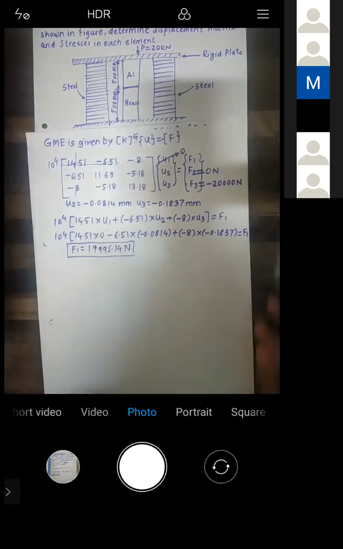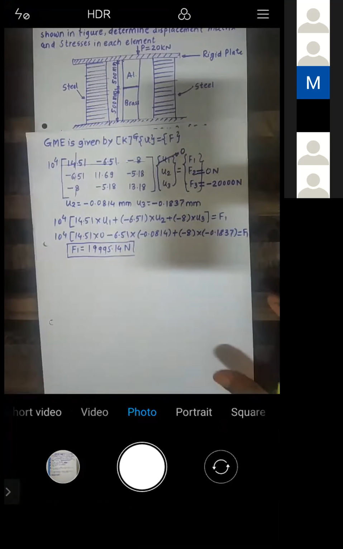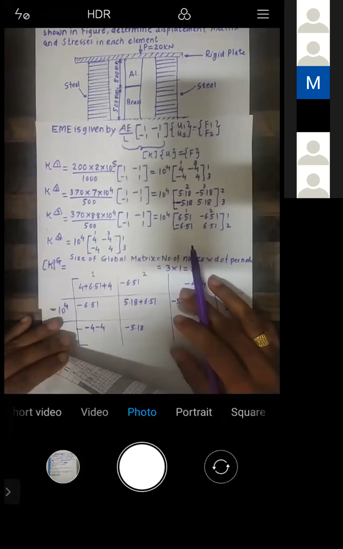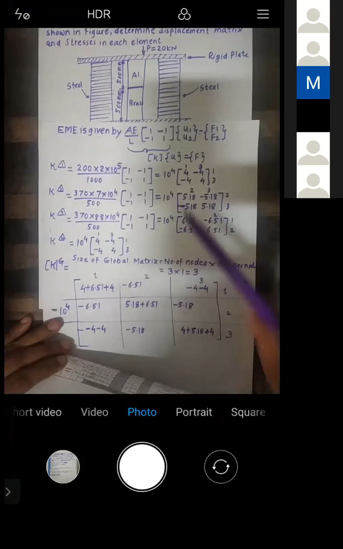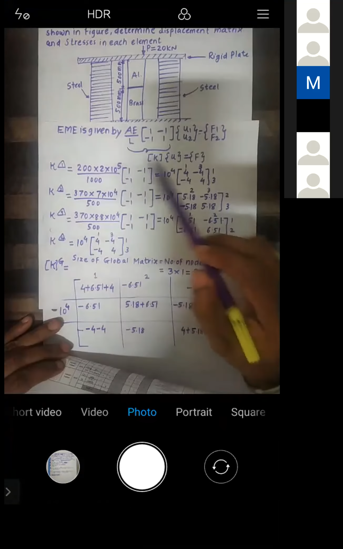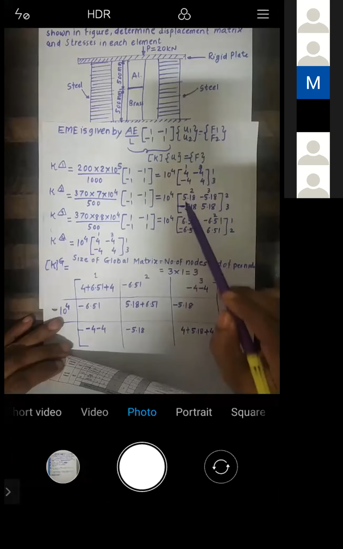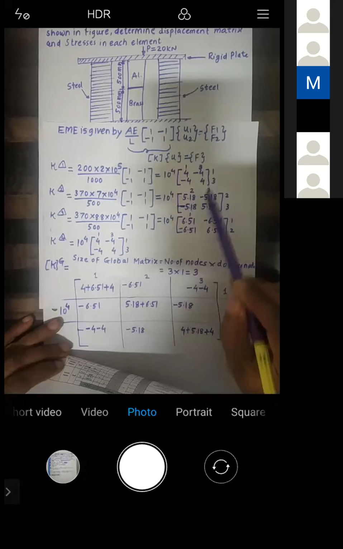So from where will the error start? I'll let you know. The point where you've done the first calculation, from that point error will start. This is one numerical value, so in this there is no error. But from here onwards, in this equation or matrix, we have taken 2 digits after the decimal point.